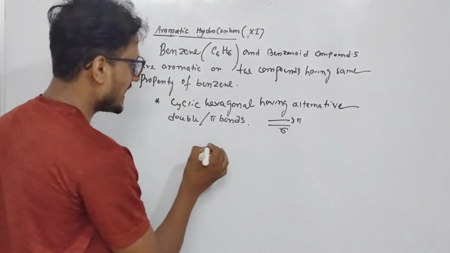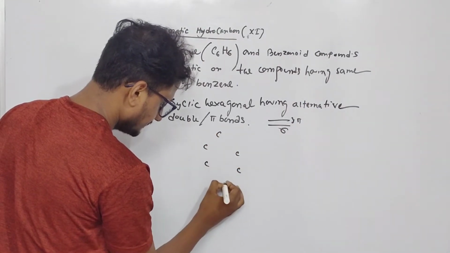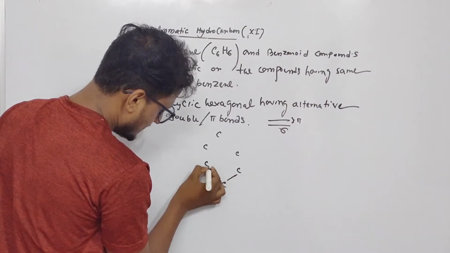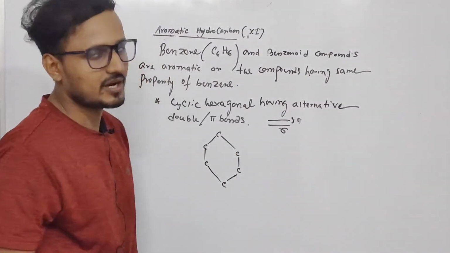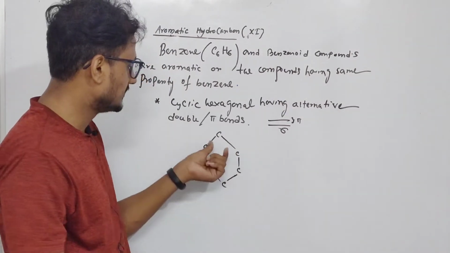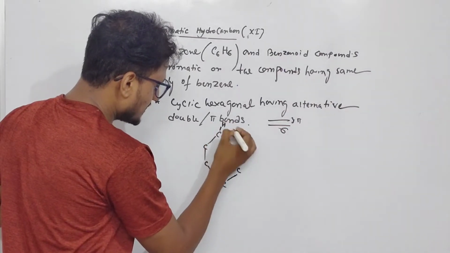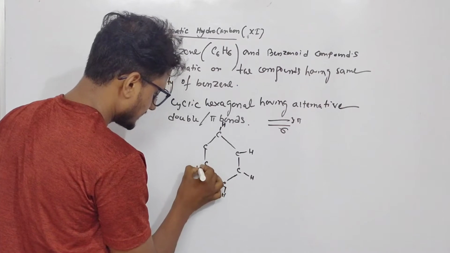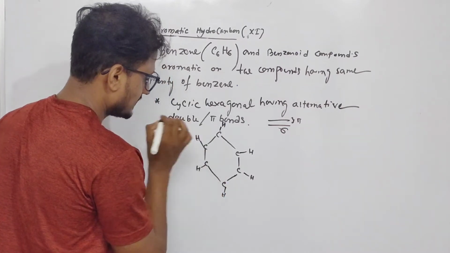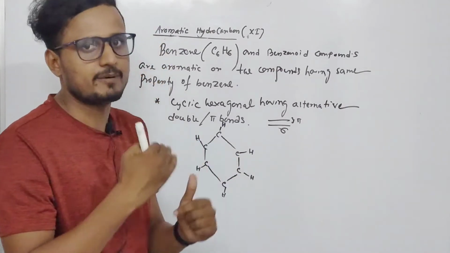Okay, so benzene has this kind of cyclic structure where each carbon is connected to the other with a single bond, that is a sigma bond, and all the carbons have one hydrogen with them. Okay, and they have alternate pi bonds.